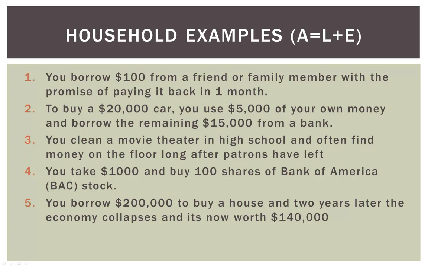On the left-hand side of the equation, you have a $140,000 house, and on the right-hand side, you probably have a liability or a loan to the bank of maybe $190,000 still, or something like that. You have an asset that's $140,000. You have a liability that might be $190,000, and that's when we start talking about balance sheet solvency. And we'll talk more about that here in a few minutes.